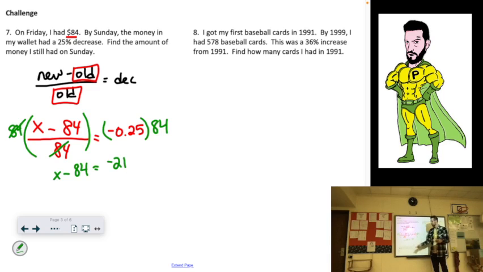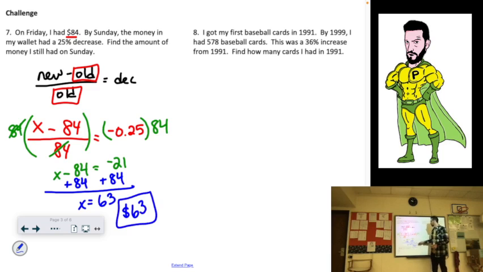There's only one more step. We just have to add 84 to both sides. X equals 84 minus 21 is 63. So on Sunday we had $63.